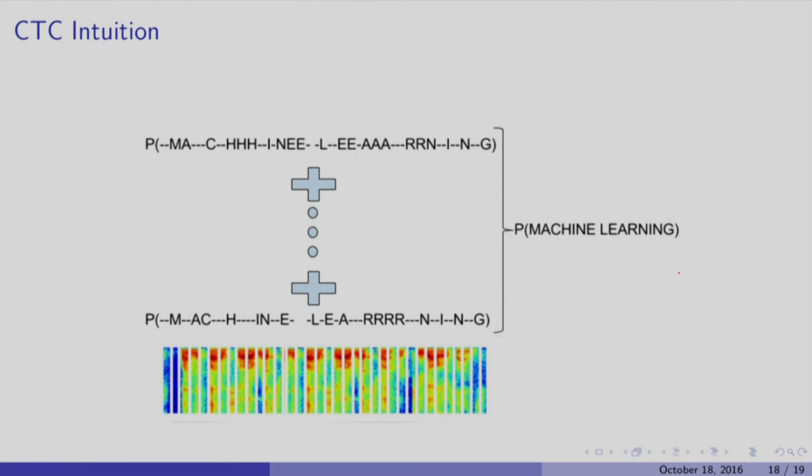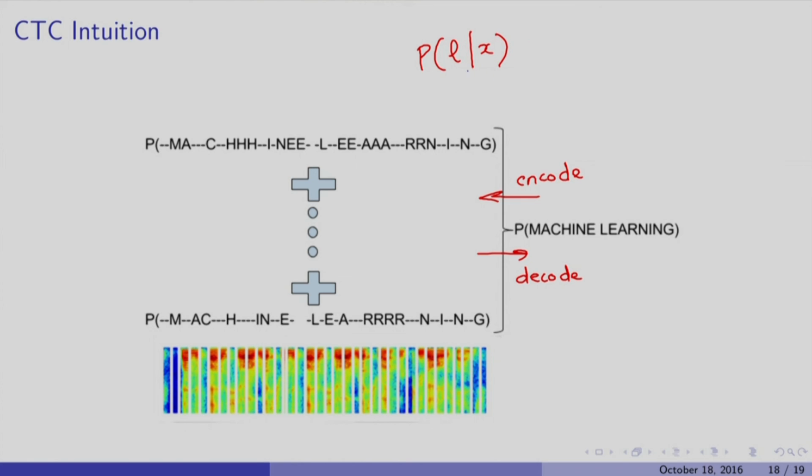Further, I have highlighted the intuition of CTC in this slide. So we have multiple possible utterances each with probability. So P of machine learning and so on. What you want to do is decode during inference, and during training you want to encode, this is the other way. And the fundamental point here is that you have the probability of some label given the input sequence.